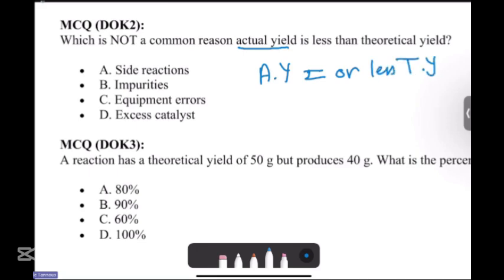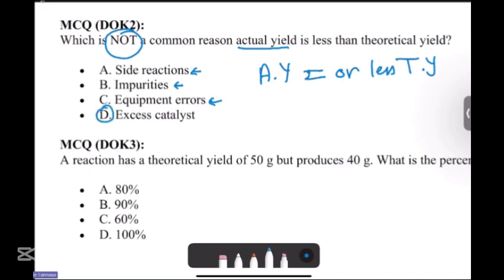Which is not a common reason actual yield is less than the theoretical yield? Actual yield is either equal or less than the theoretical yield. Now, why? Because sometimes there will be side reactions going on or some impurities that will prevent us from obtaining a high amount of actual yield, or some errors in purification, or we lose a product while doing the purification. Now this question is asking which is not a reason.